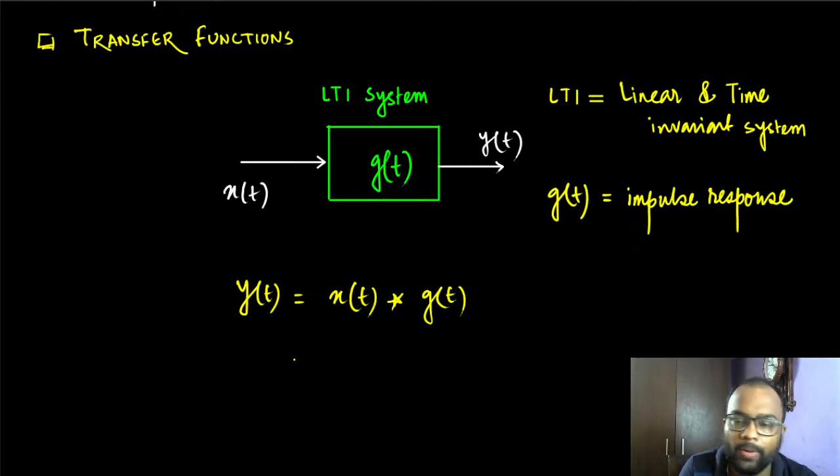We proved this in our signals and systems classes. By doing a convolution between the input and the impulse response of the system, we can calculate the output of the system to this particular input. So that is understood.